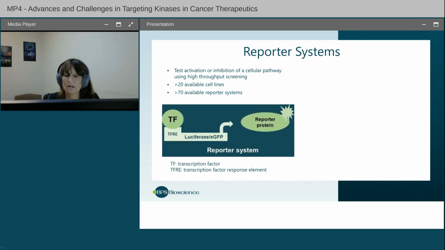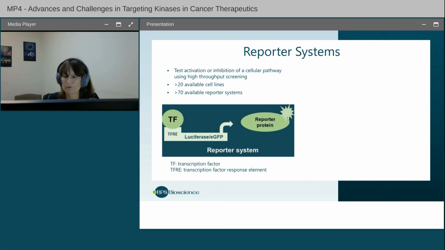It is based on the activation of a particular transcription factor of interest. This transcription factor, TF, will bind to the response element, and this will induce the transcription of the reporter that can be either luciferase or a fluorescent protein like EGFP.